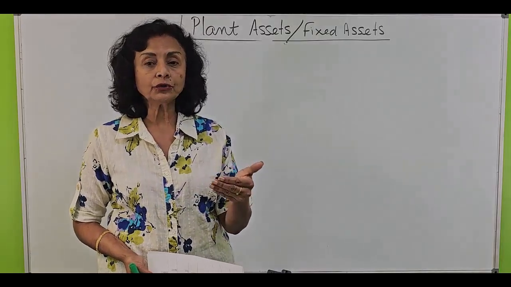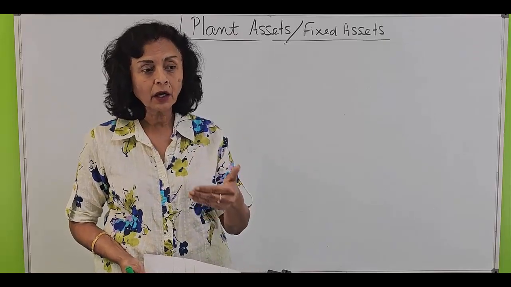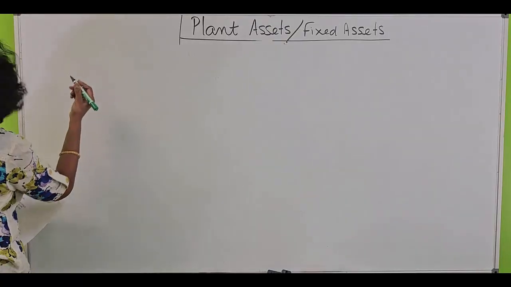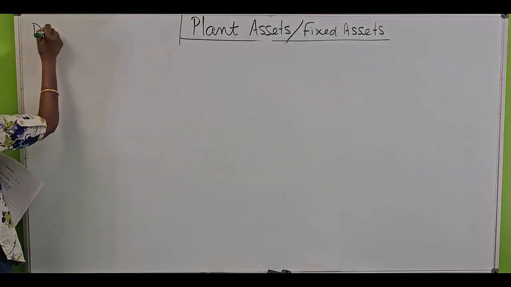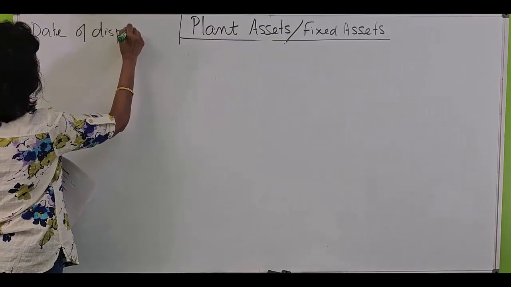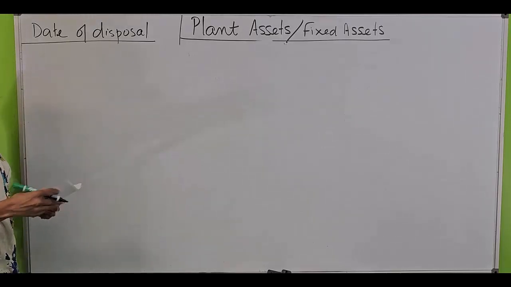So we are going to go over examples where the company will junk the property or the company will sell for cash. So here the example is on the date of the disposal, this is the information given in this video.